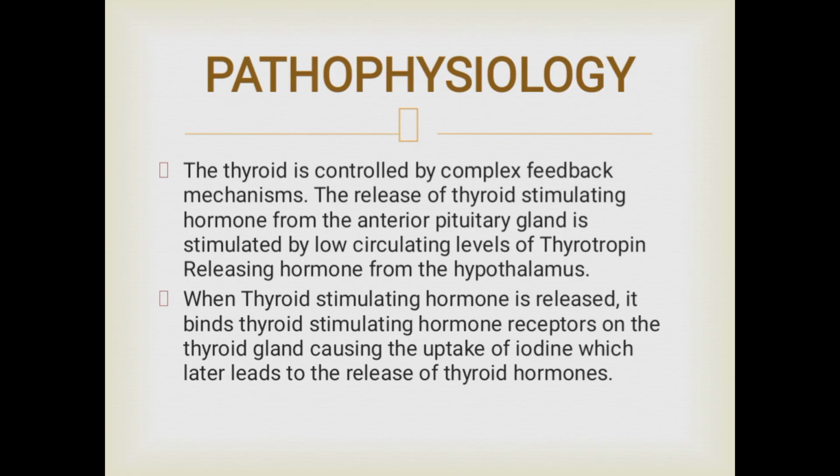The thyroid is controlled by a complex feedback mechanism. The release of thyroid stimulating hormone from the anterior pituitary gland is stimulated by low circulating levels of thyrotropin releasing hormone from the hypothalamus. When the thyroid stimulating hormone is released, it binds thyroid stimulating hormone receptors on the thyroid gland, causing the uptake of iodine, which later leads to release of thyroid hormone.